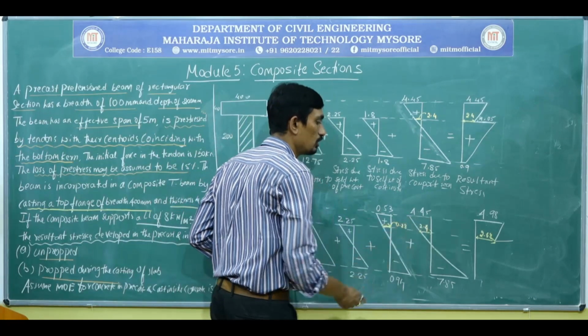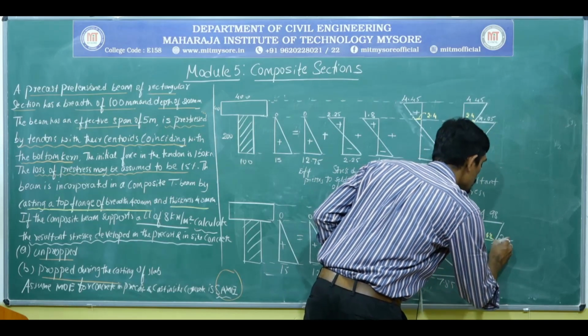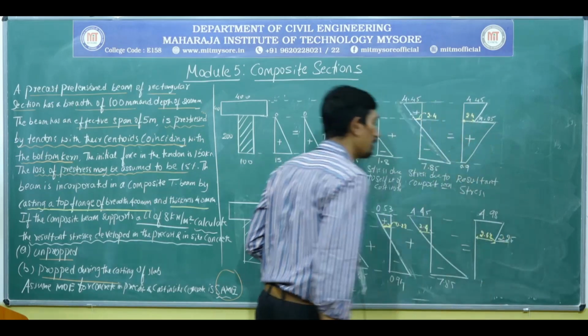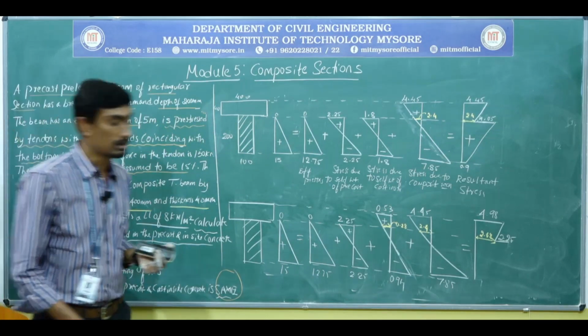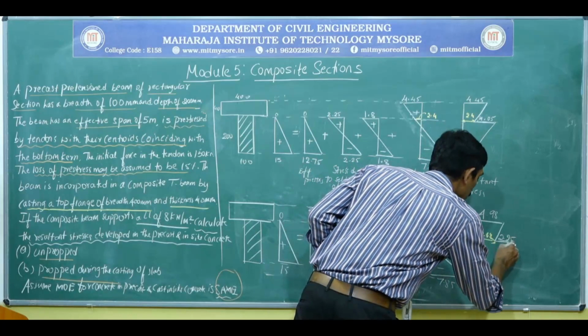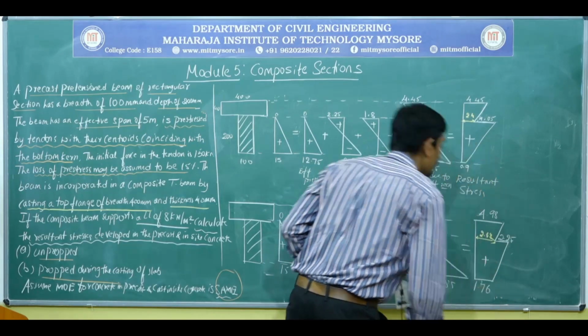So I have added these two, 2.68, and remaining will be 2.25. Next, finally at the bottom, which will be 1.76 positive.